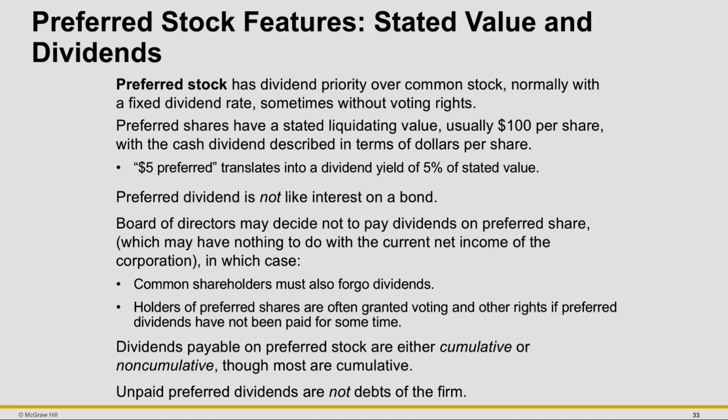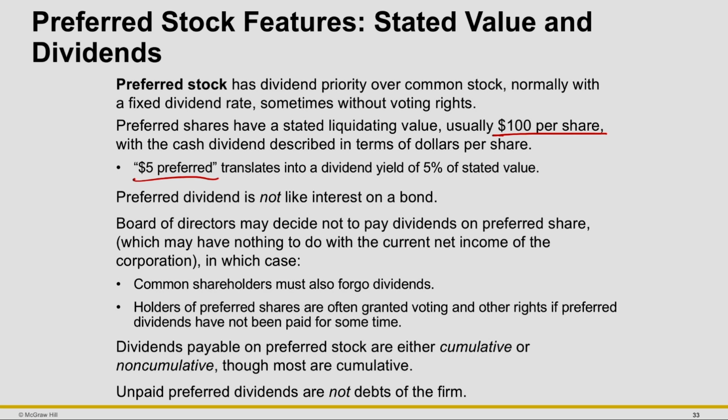And so, for example, in this particular case here, we have $100 preferred shares, or that's their par value is 100, and they pay a $5 dividend, which would be equivalent to 5%, a 5% coupon. Now, where they differ from bonds is that that dividend or that coupon is not required to be paid. A firm can forego paying the preferred shareholders their dividend.